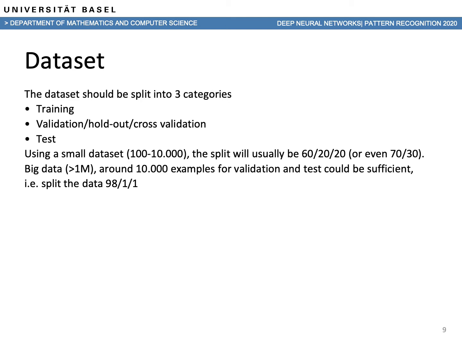But nowadays, when we have what's known as big data, above 1 million items in our dataset, then around 10,000 examples should be sufficient for the validation and also the test set, which makes the split more like 98% for training and 1% for validation and 1% for testing.